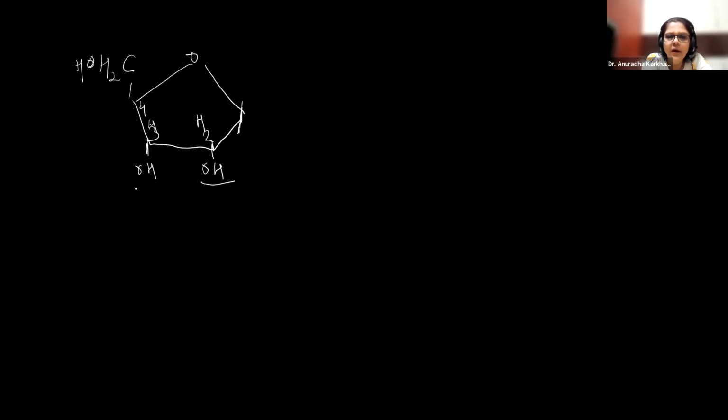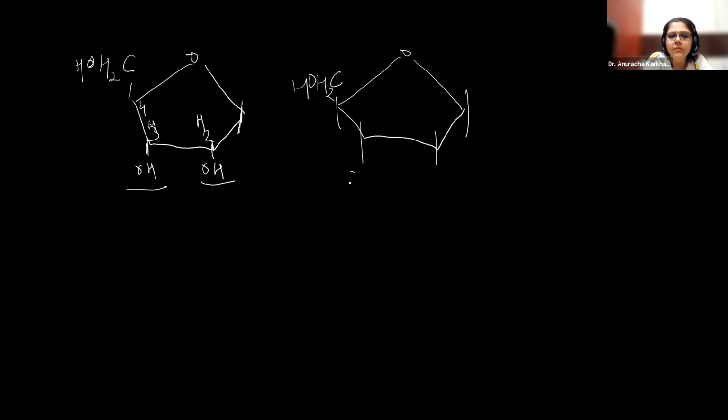Either there is one OH, here there is one more OH. On the other hand, if I draw this diagram exactly the same as I have drawn, no difference. Can you see here? So this is your first carbon, this is second, third, fourth and fifth.